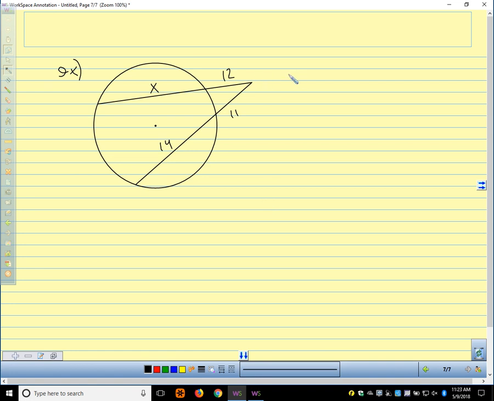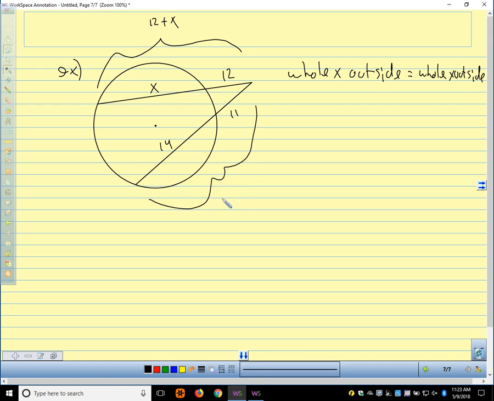So we know that our rule is the whole times the outside equals whole times outside. Well, how long is this whole thing? 12 plus x. Nice. How long is this whole thing? 25?